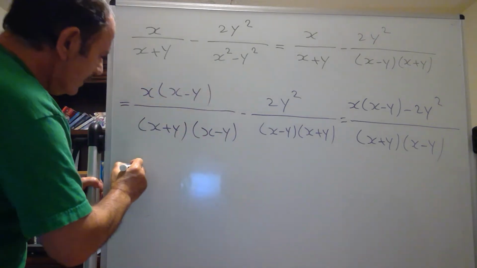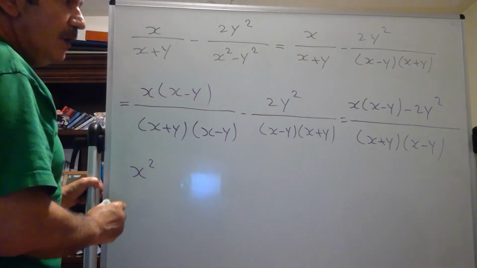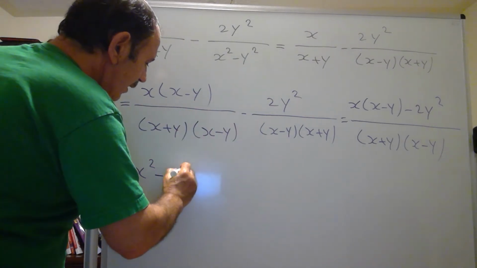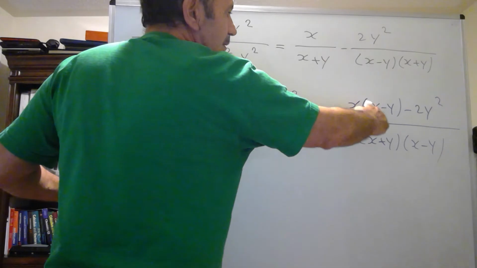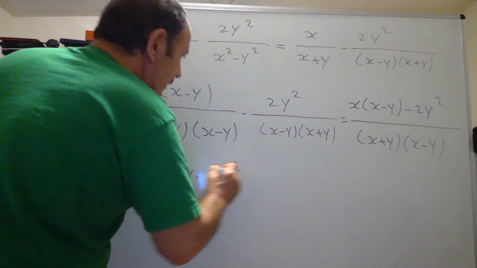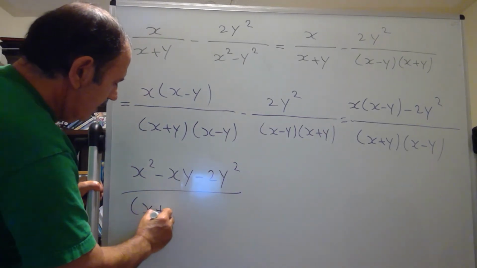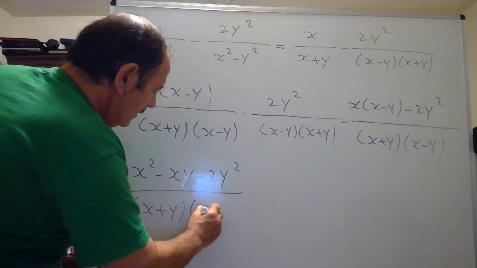x times x is going to be x squared. x times minus y is going to be minus xy. So x squared minus xy minus 2y squared is the top, and the bottom is x plus y, x minus y.